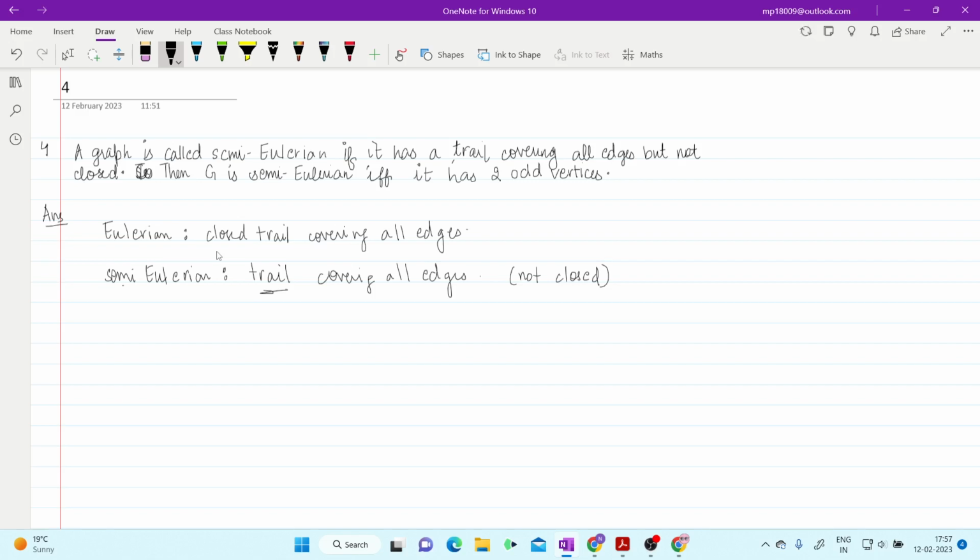So for example, if we look at this graph, this is a very simple graph. It is semi-Eulerian but not Eulerian.